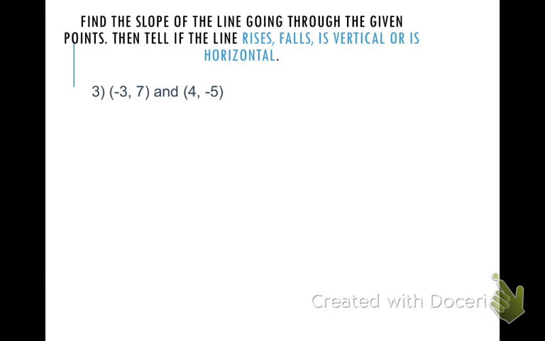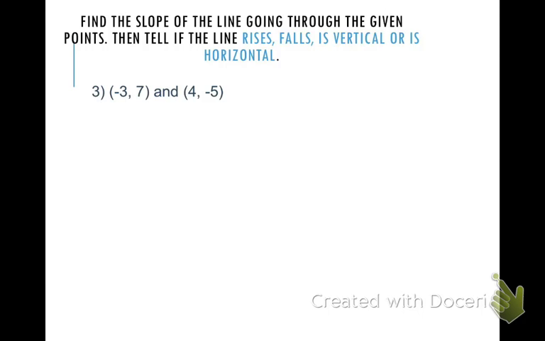So then it says find the slope of the line going through the given points and then tell if it rises, falls, or is vertical or horizontal. It's real simple to check to see if it's vertical or horizontal. The first thing you want to do to shortcut this is to check to see if your x values match or your y values match.